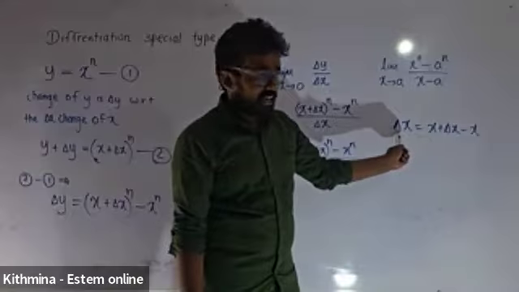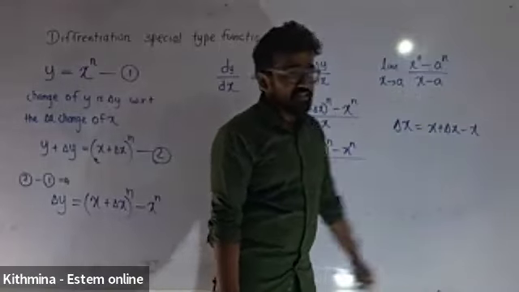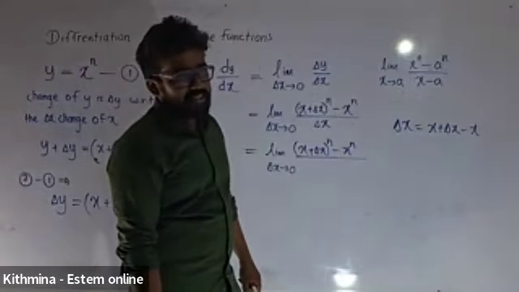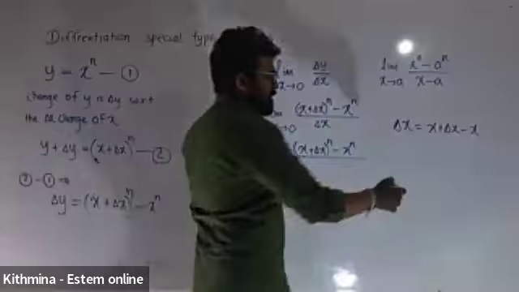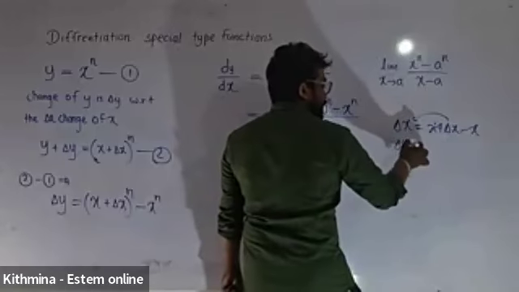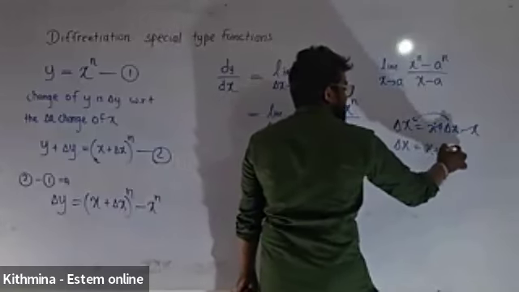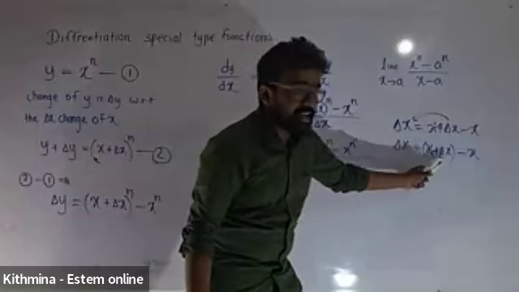We can write delta x as x plus delta x minus x. Is it okay? No, I didn't get how that came in. No, see, when x is vanished, again delta x. So we can write delta x as this. That's why I did it.